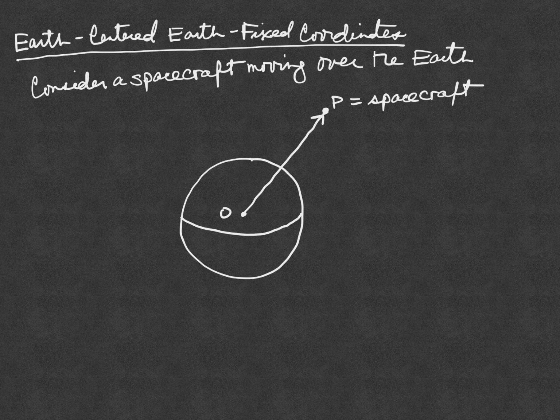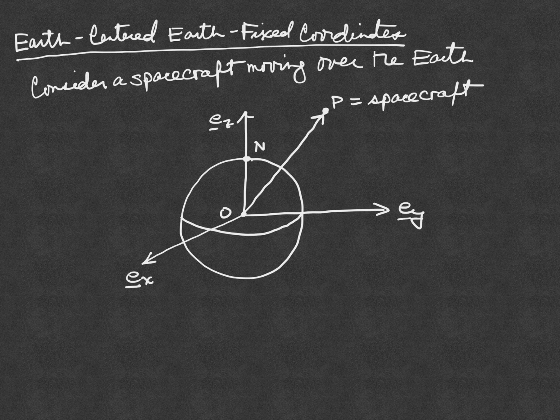Now, attached to the Earth is a coordinate system which will be referred to as O together with the basis EX, EY, and EZ. Now, these directions are defined as follows. The top of the sphere is denoted N, and N is the North Pole.